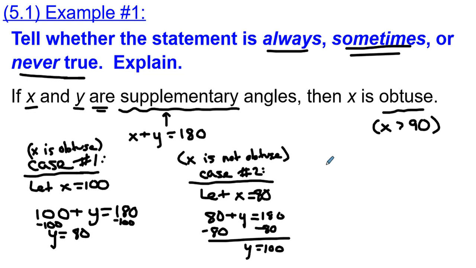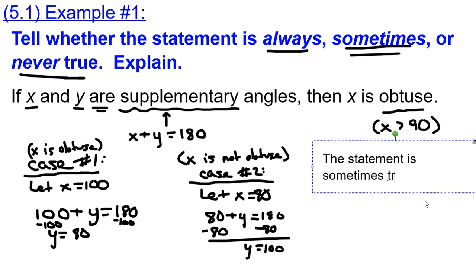So I'm going to say, tell whether the statement is always, sometimes, or never true. Let me type this one out. The statement is sometimes true. In case number 1, x is obtuse.